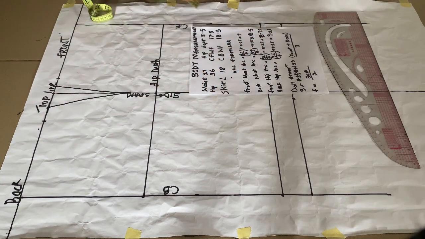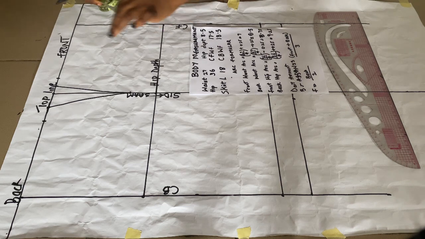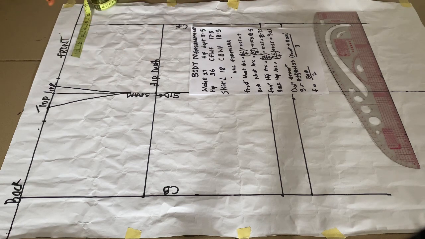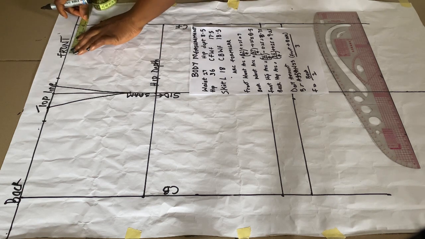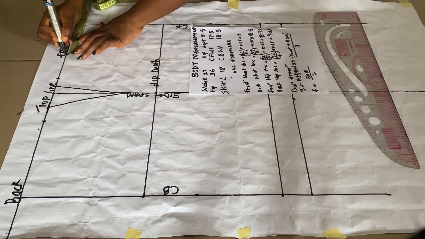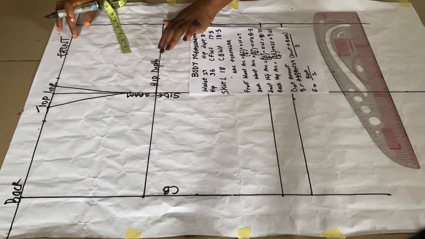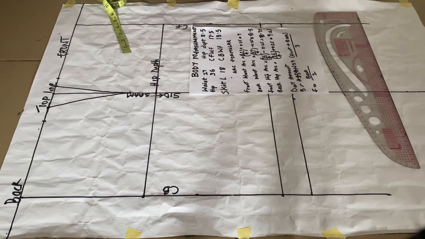The next thing is to get the darts. To get the dart for the front, you just mark 4 inches standard, or you can use the bust span measurement, but we'll mark 4 inches, which is the standard measurement. The point at which we'll be marking that 4 inches is the half of the hip depth, and the hip depth is 8.5. 8.5 divided by 2 is 4.25.